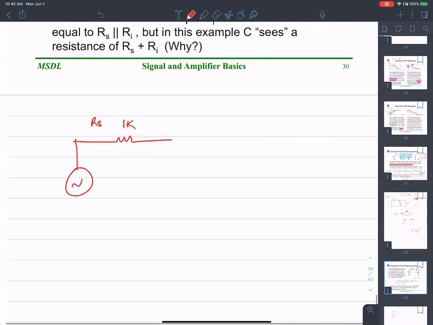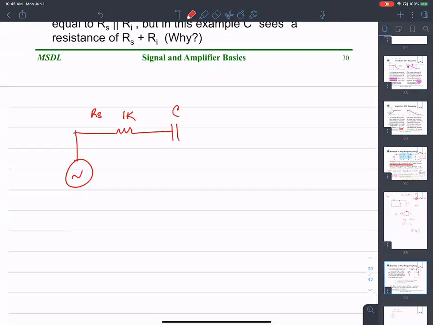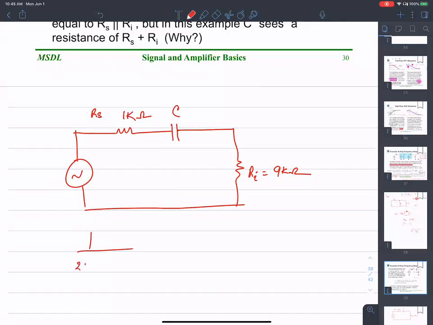Then there is a capacitance C. Then there is Ri, 9 kilo ohms. So 1 over 2 pi RC, where R is the R equivalent, should be a maximum of 100 hertz. We want to find the value of C.